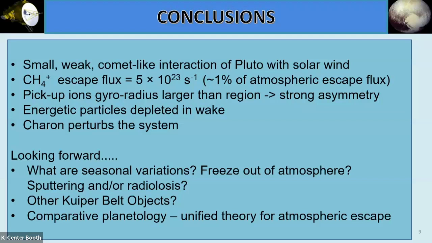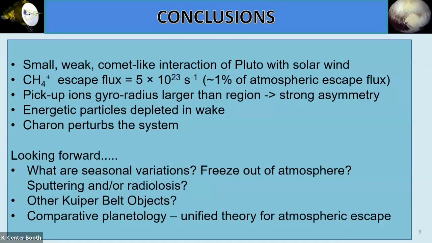What we see is that about 1% of the neutral atmospheric escape becomes ionized, photoionized or by charge exchange, but mostly photoionized, to produce 5 × 10²³ ions per second escaping. And then the pickup of those ions produces this large-scale asymmetric interaction region. Energetic particles are depleted in the wake, and Charon perturbs the system.